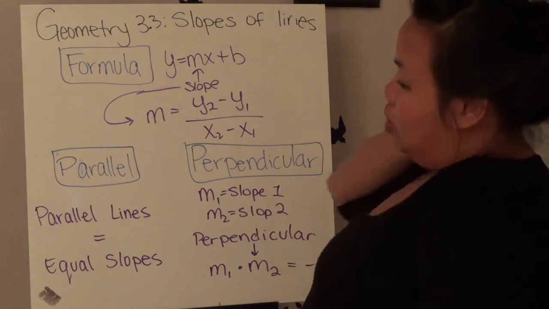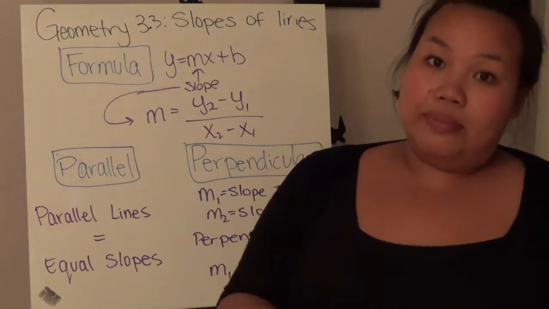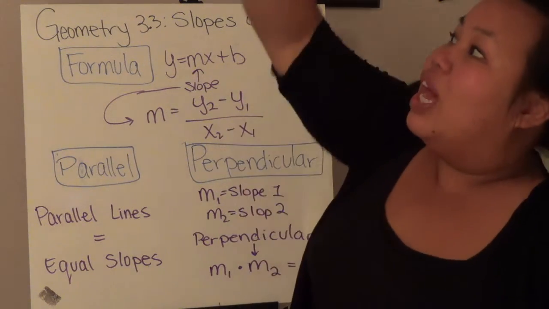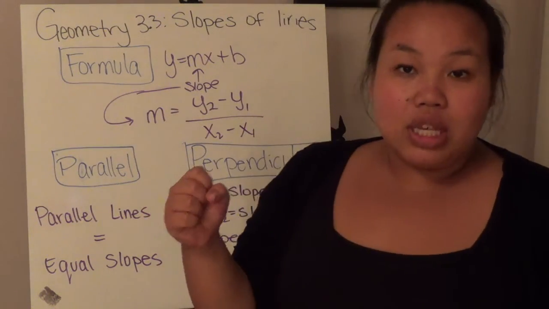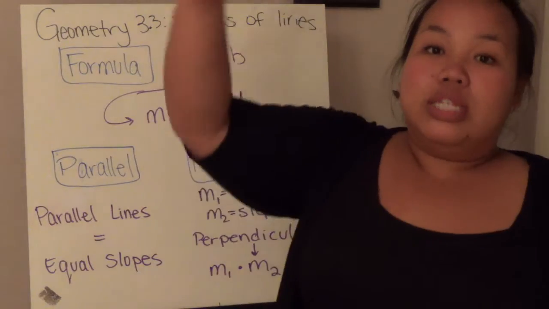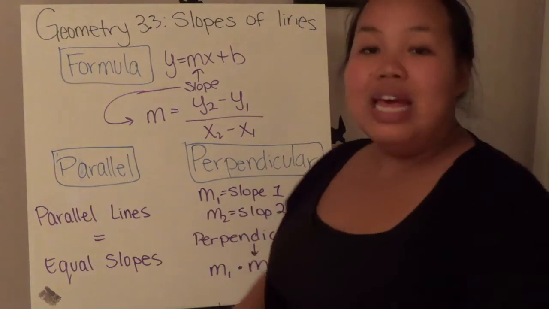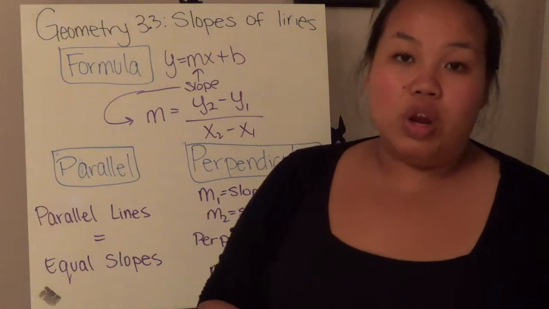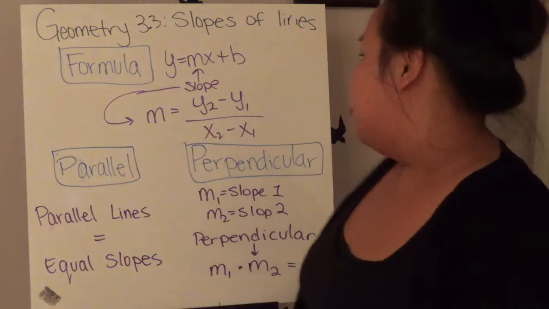It's a simple rule that if they are parallel, that means their slopes are exactly the same. Okay? So if you have a line, it's going up and over at the same time. Even if they start at different places, they're going up and over the same exact way, so they never intersect. And so that's what parallel means. They never intersect, which we dealt with a lot last section.